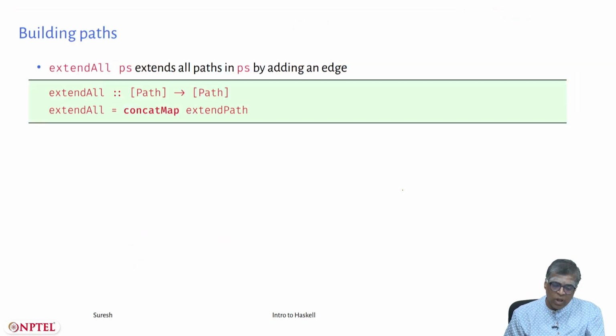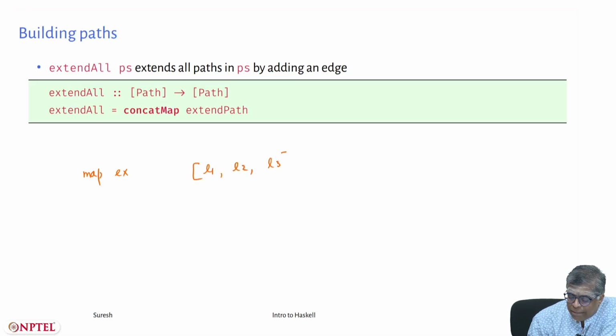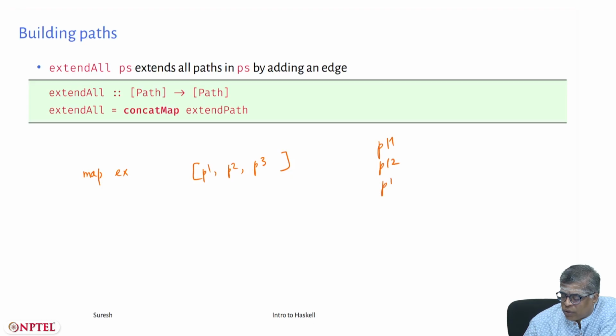Now if I have several paths of length k, I can extend them to several paths of length k plus 1, and the way to do it is to just say concat map of extend path. Recall that map extend path, if I have 3 paths of length k, let us say path 1, path 2, path 3, and let us say path 1 can be extended to path 1,1, path 1,2 and path 1,3.